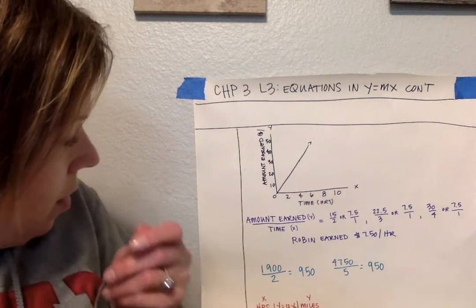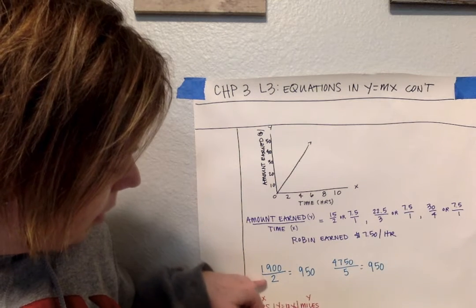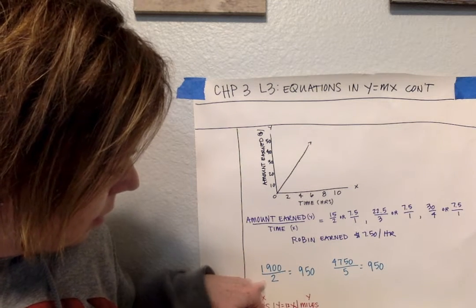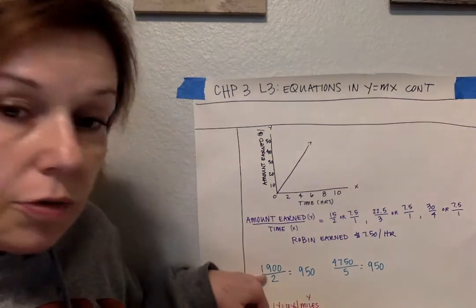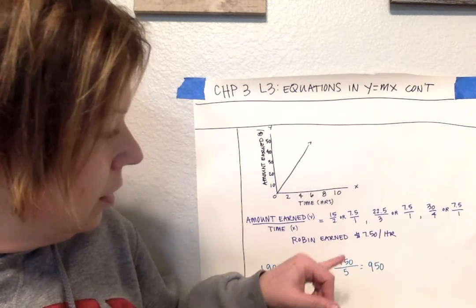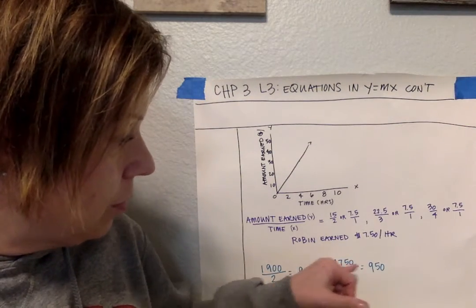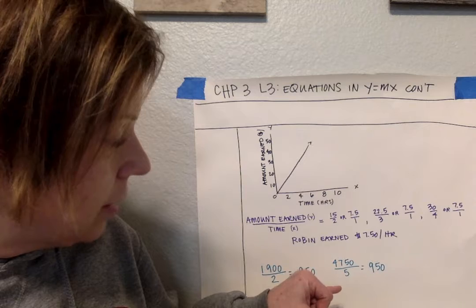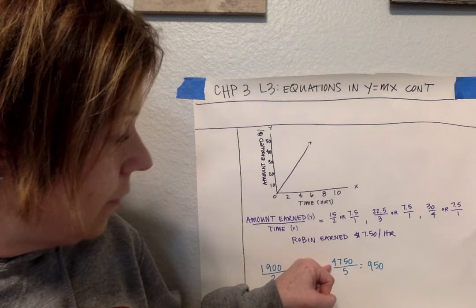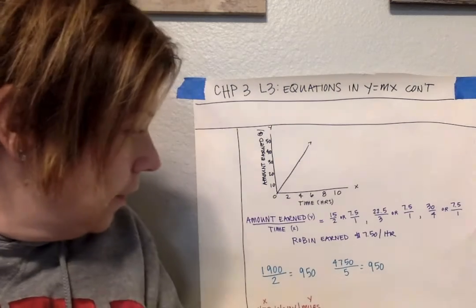Okay, so our distance is our y, our time is our x. So if we put 1,900 over 2, we get 950. If it's varying directly, this will tell us that it is, because we should get the same. 4,750 feet in 5 minutes, we also get 950.